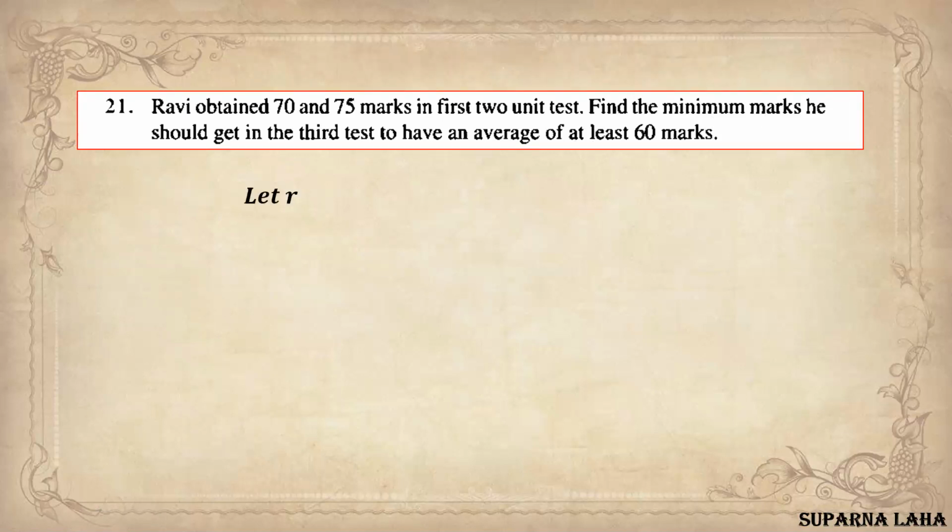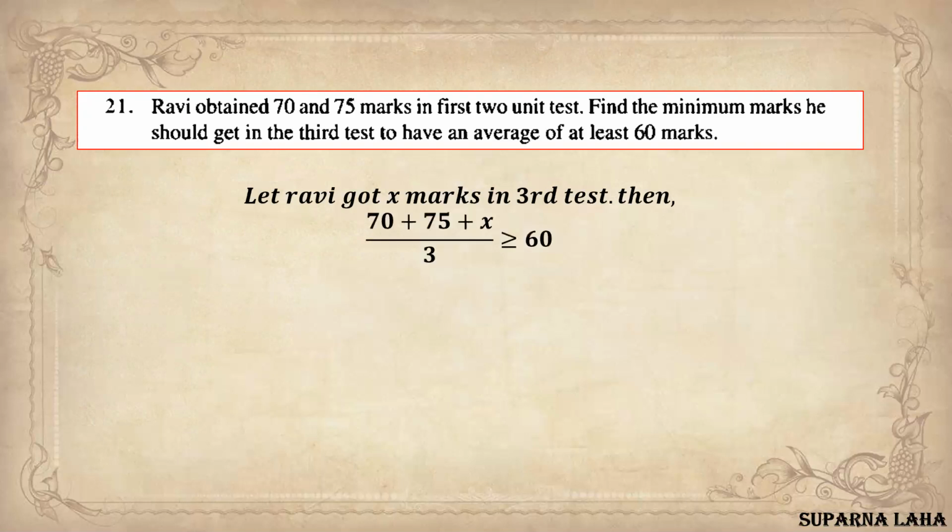So if I take that Ravi got x marks in the third unit test, the average will be (70 plus 75 plus x) by 3, since there are 3 unit tests in total. This average should be at least 60 marks.